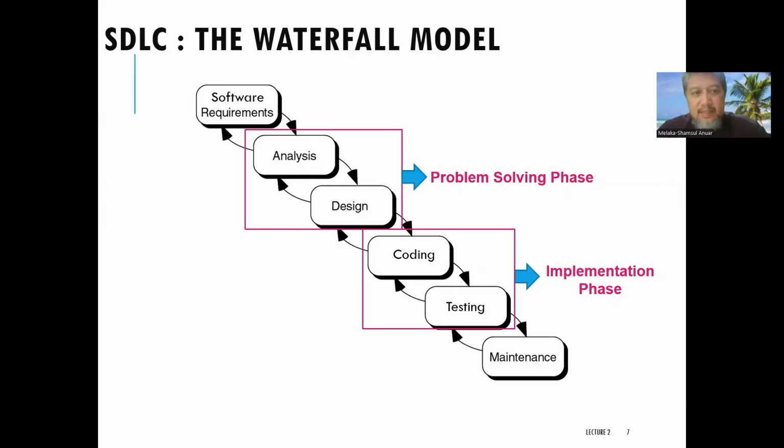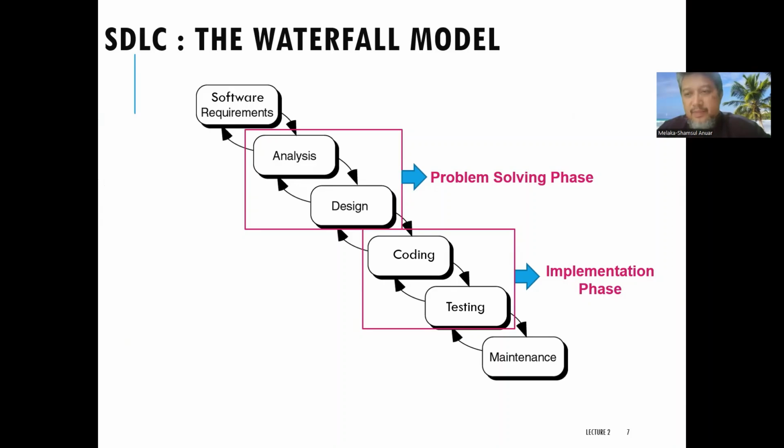So it's kind of like these software requirements. And then you got to do some analysis. You got to do some design. And then maybe the meaning over here is a bit different from what we do in mechanical engineering. But then you proceed to doing the coding.